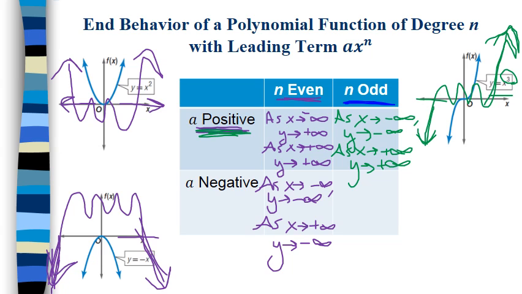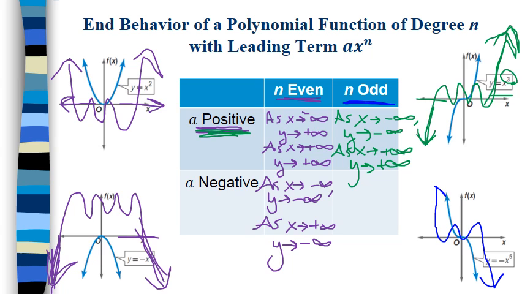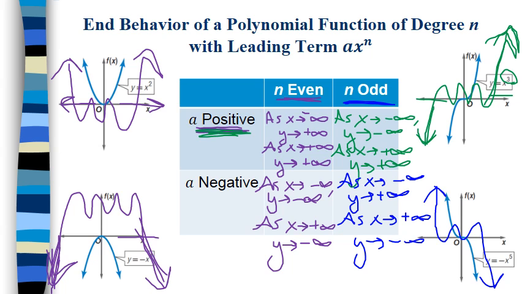Okay, well, what if a is negative here? We'll notice that it's almost the same, only it's reflected again across the x-axis. So as x approaches negative infinity, y approaches positive infinity, and as x approaches positive infinity, y approaches negative infinity.